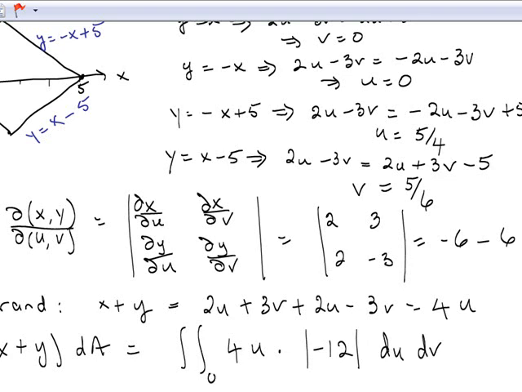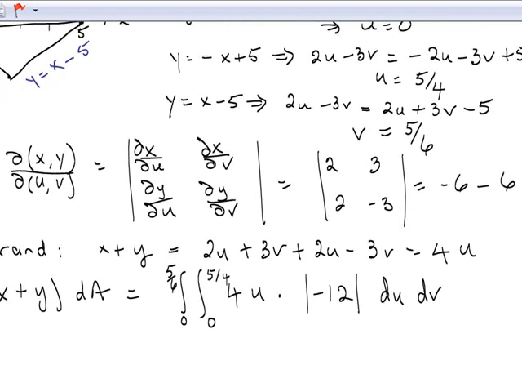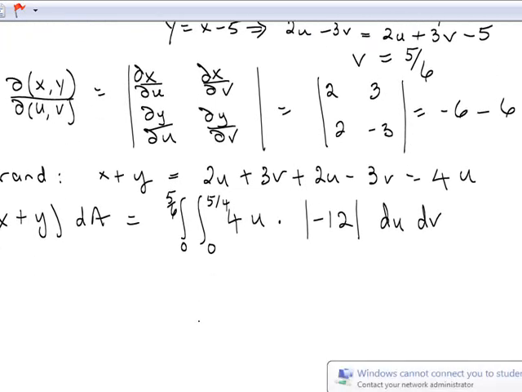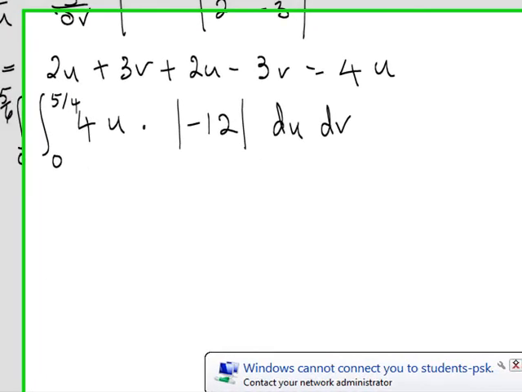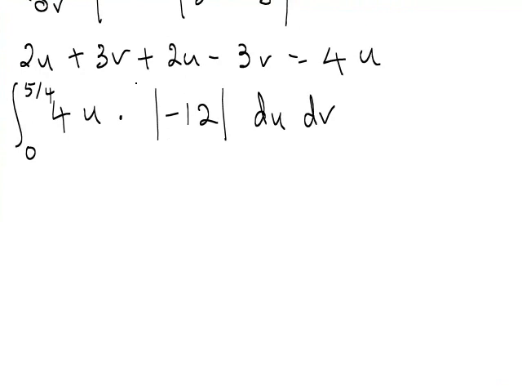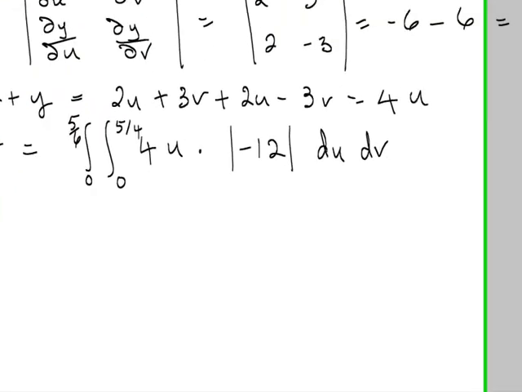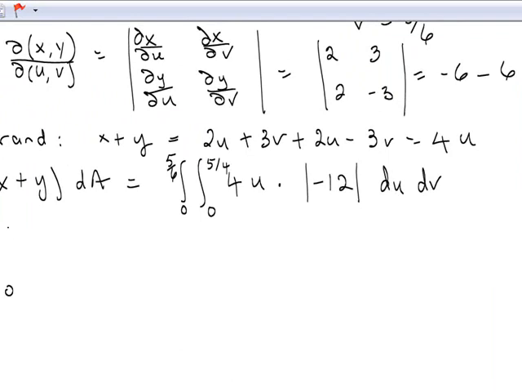Our u limits 0 to 5/4, v limits 0 to 5 over 6. Okay, let's simplify that integrand. That is 0 to 5/6, 0 to 5/4 of 48u du dv.